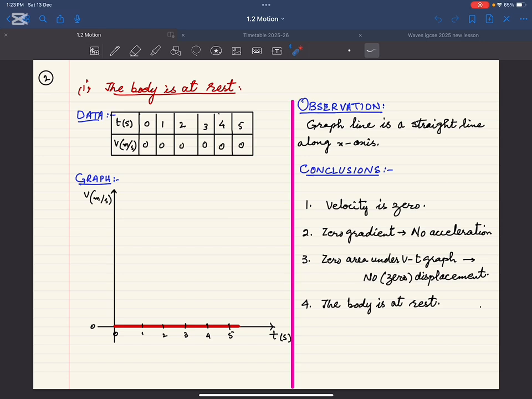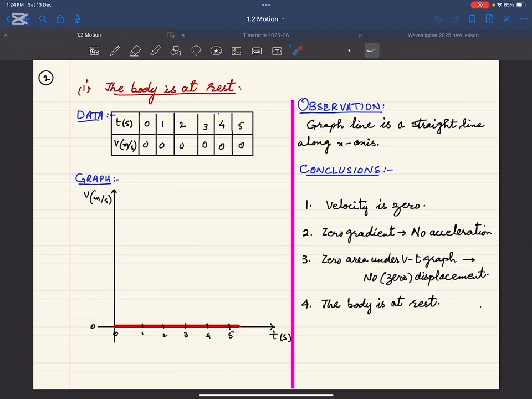You can see that there is no gradient of this line. As there is no gradient, the acceleration is 0, or simply no acceleration.